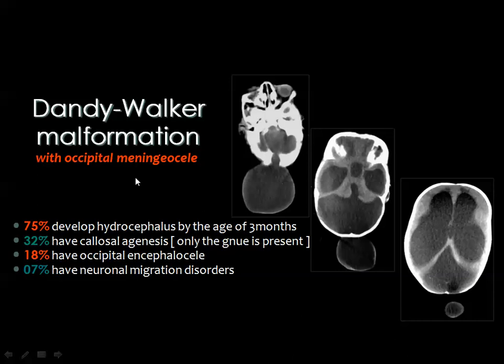And these are the associated anomalies with Dandy-Walker malformation, including 75% will develop hydrocephalus by the age of 3 months, 32% will have corpus callosum agenesis, 18% may have an occipital encephalocele. This is an occipital meningocele, does not contain any brain tissue, and 7% may have neuronal migration disorders.